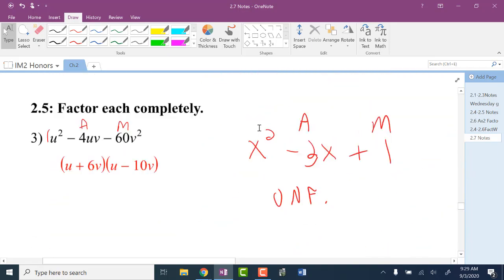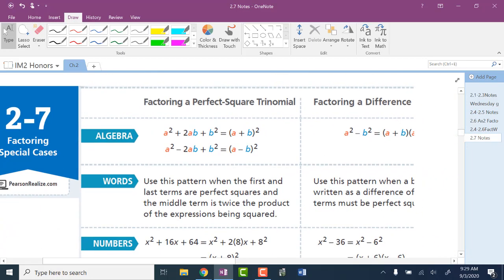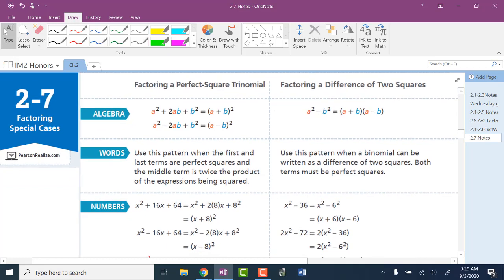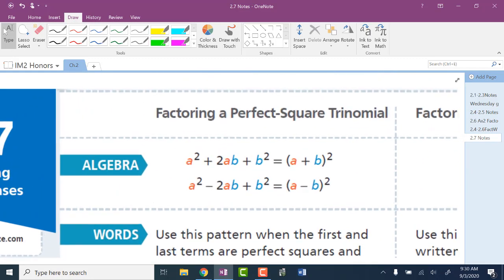Okay, now, I forgot I was in the answers. All right, so I did pull something from the book. You don't see this on the note sheet. I added this today just because I wanted to show what we are going to be doing today, and show what they have.